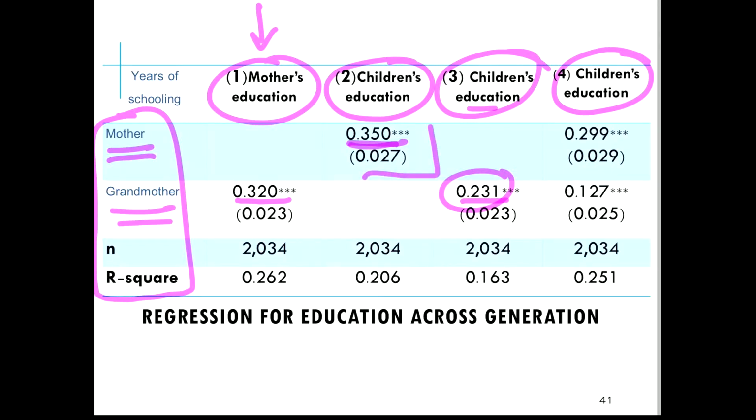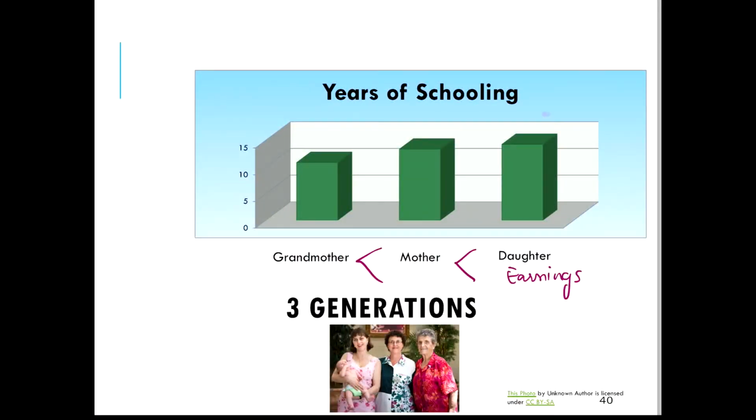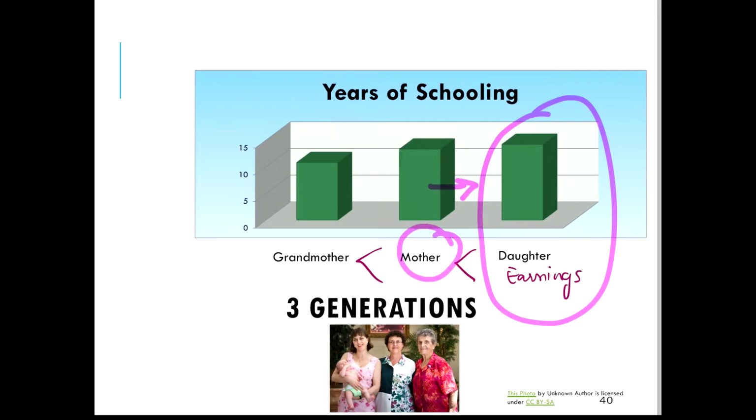And if we plug in both mother and grandmother and compare the coefficients here, we notice that the mother rather than the grandmother affected their children. Here the children's education is the daughter's, for instance. So this final result explains that the daughter is influenced by the mother rather than the grandmother.